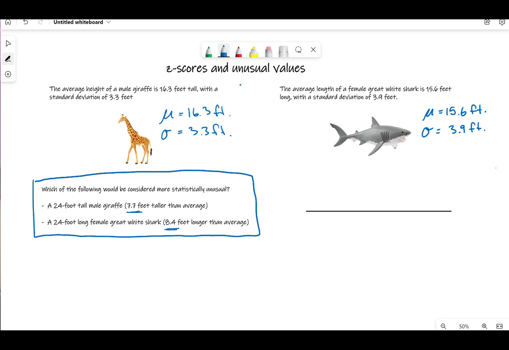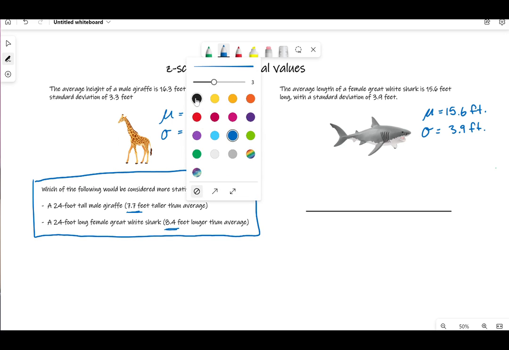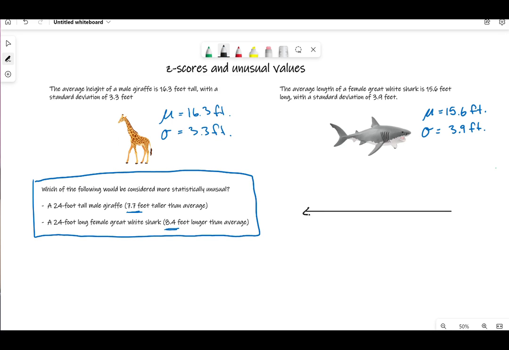So first, let's just review our statistical definition of unusual. Let's say this is a number line. Let's put 0 in the middle and 1, 2, 3 on the positive side, -1, -2, -3 on the negative side.